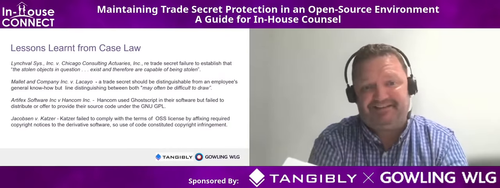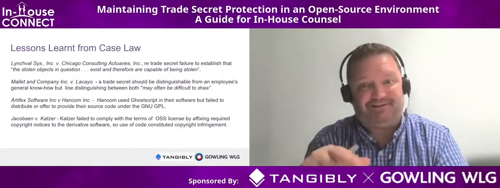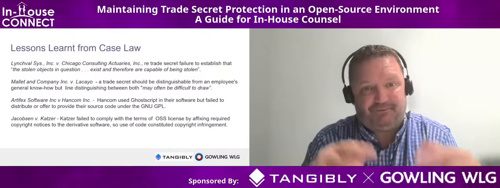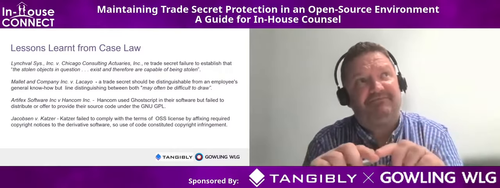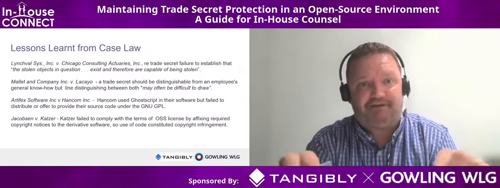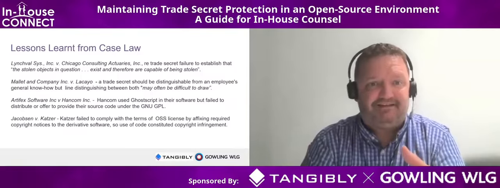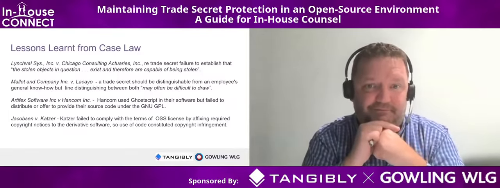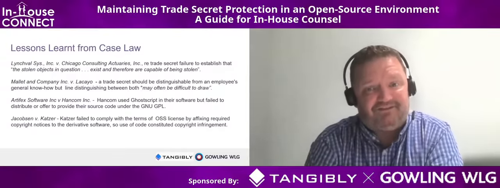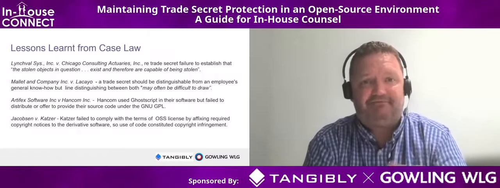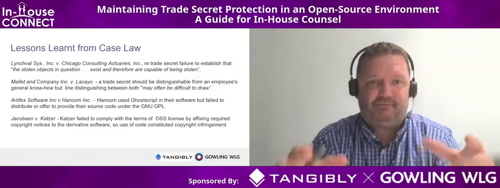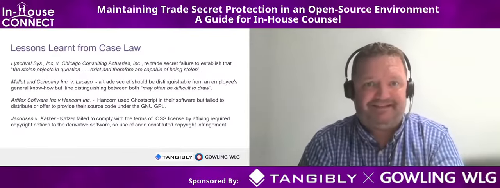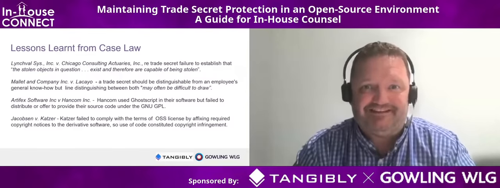I think it falls in closely with Artifacts, the fact that they failed to distribute, or even, I think it was said, that they removed the copyright notice, which said that the other party actually owned the copyright in this open source software. And again, similar with the CATSA case. So be very careful where open source is being used either within your business or on behalf of your business by developers, and try and restrict it, as we touched on earlier today.